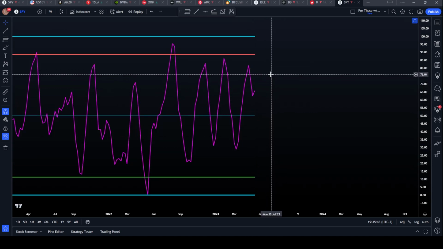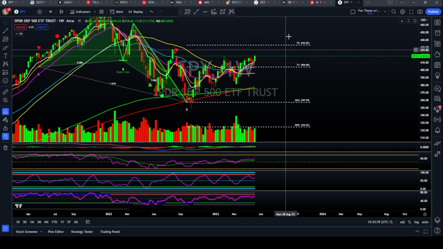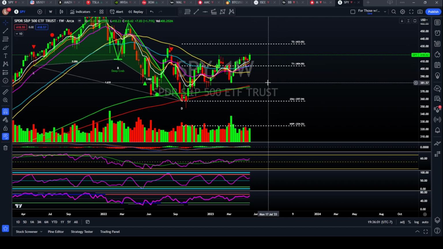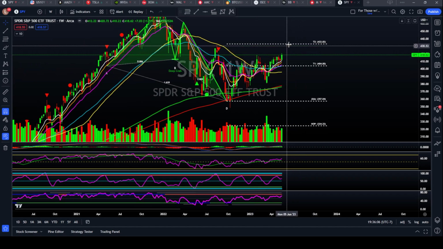Still too early to tell whether it's going to be continuation. As far as how the volume looked, obviously with a technical breakout you're going to have volume increase, and that's exactly what happened compared to last week. Low volume last week, and this week we did have a breakout, so we had volume increase.